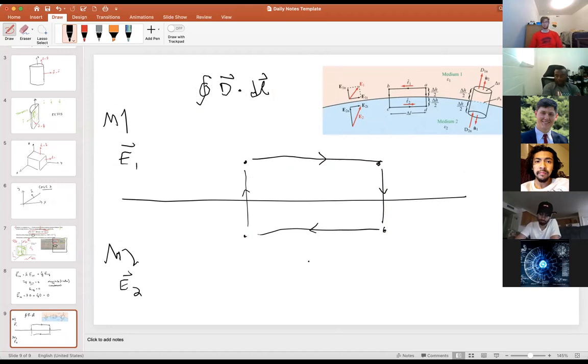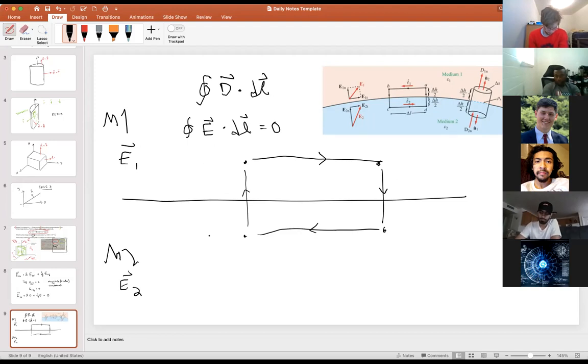And when you do that, you know that for a static electric field, and we're in electrostatics, this potential is going to be equal to 0.